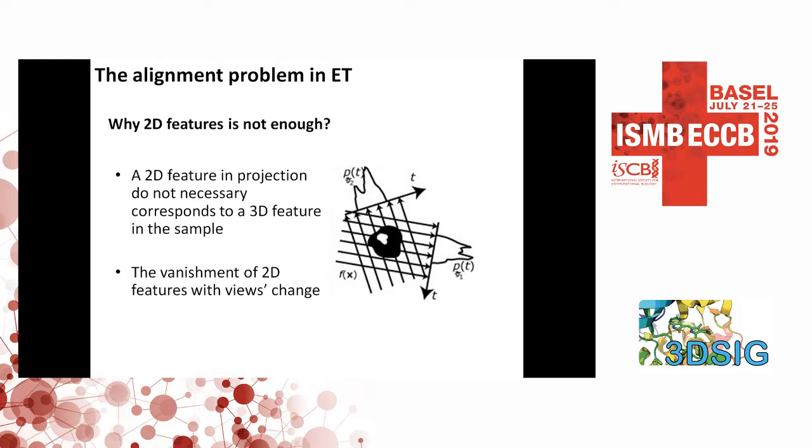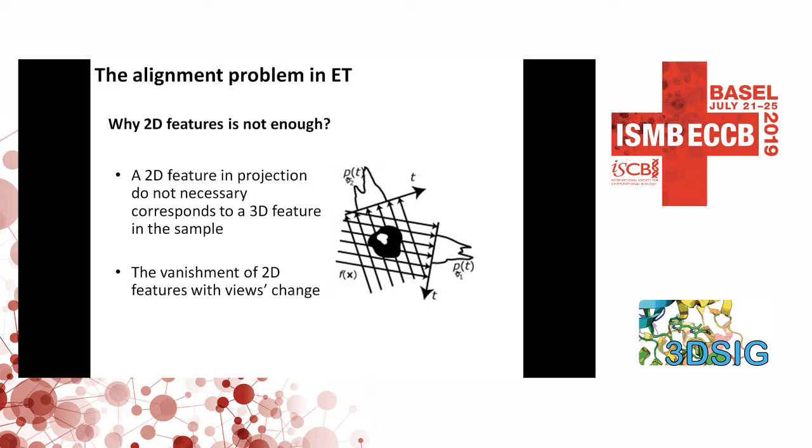Here we will talk about why the classical solution is not enough. Let's see what ET does. We get a sample and get projections in different directions. For 2D projections, the 2D features do not really correspond to the 3D structure.